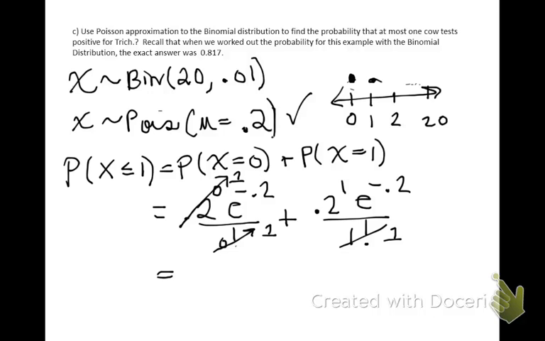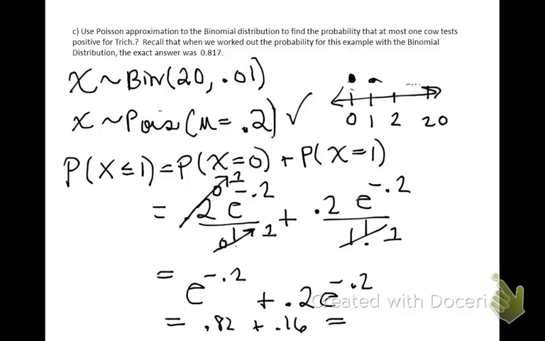And 0.2 to the 1 power is just the same as 0.2. So in the end, this simplifies to e to the negative 0.2 plus 0.2 e to the negative 0.2. When you type this into the calculator, you'll get about 0.82 plus about 0.16. So in the end, the final answer is about 0.98.